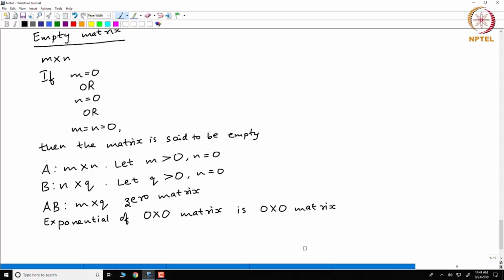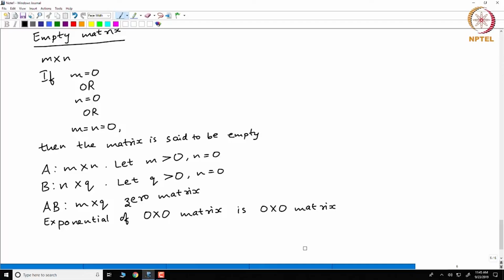So if I have a square empty matrix, the exponential of that is also a square empty matrix. Then in the generalized solution, we also have an integral of an empty matrix, which can come as a possibility. Say exponential of minus A1 tau or A2 tau into u1 tau or u2 tau d tau. If A1 or A2 is an empty matrix, then the exponential by definition is also an empty matrix.